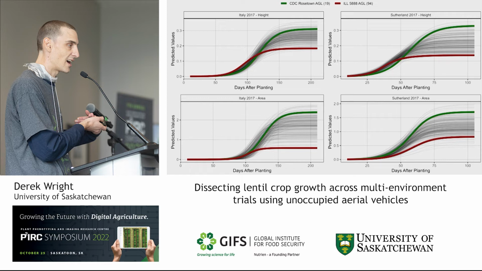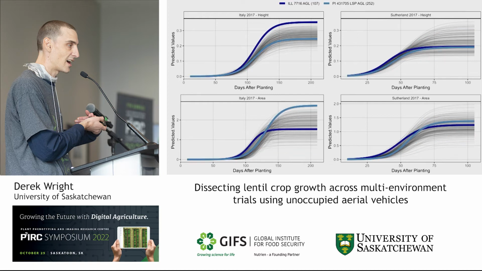And so you can see for the green line, this variety has very high height, high area in both locations, and then the red line has low height, low area in both locations. So this is nicely illustrating a genetic component to growth. If we then take a look at 2 different varieties, and focus in on Sutherland, Saskatchewan, we can see both of these have roughly similar patterns for both height and area.